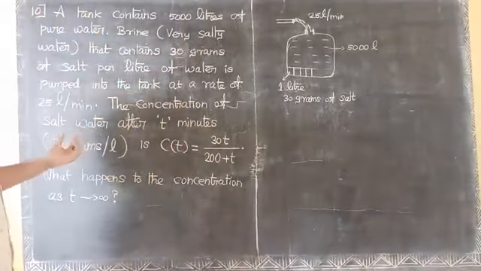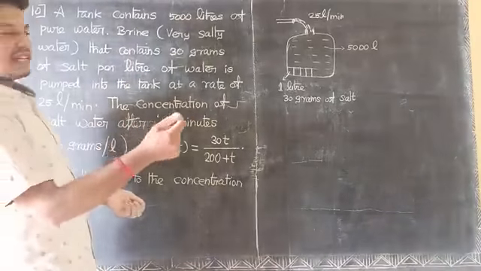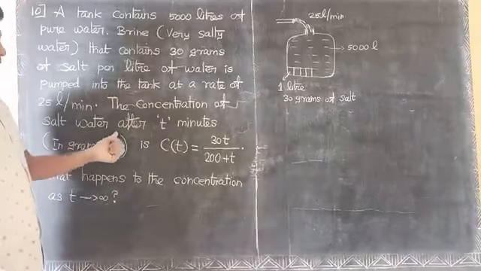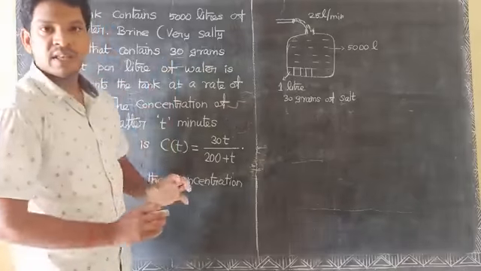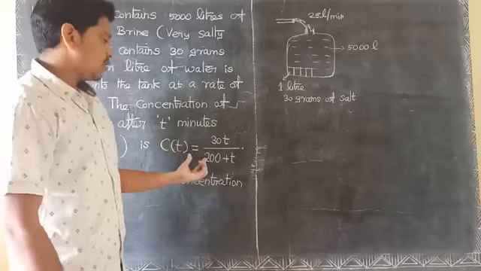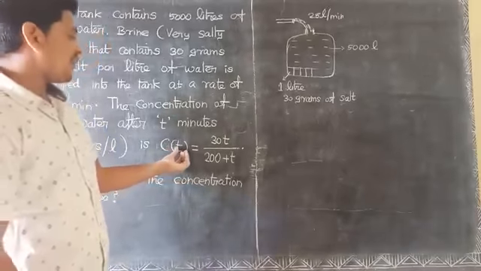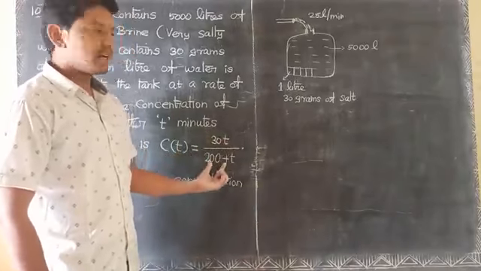The concentration of salt water after t minutes, in grams per liter, is the given function, written as c of t, which is the concentration at time t, equal to 30t divided by 200 plus t.